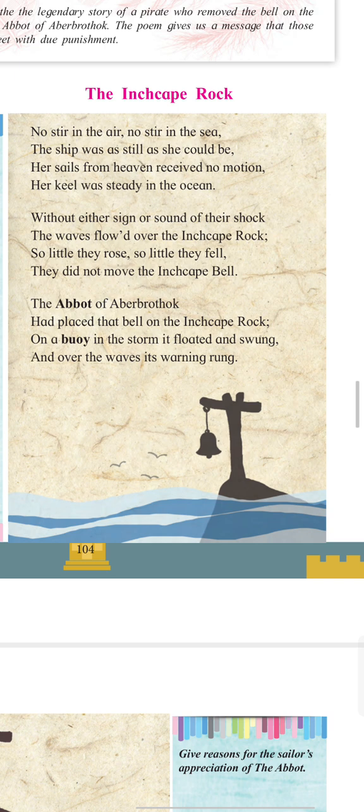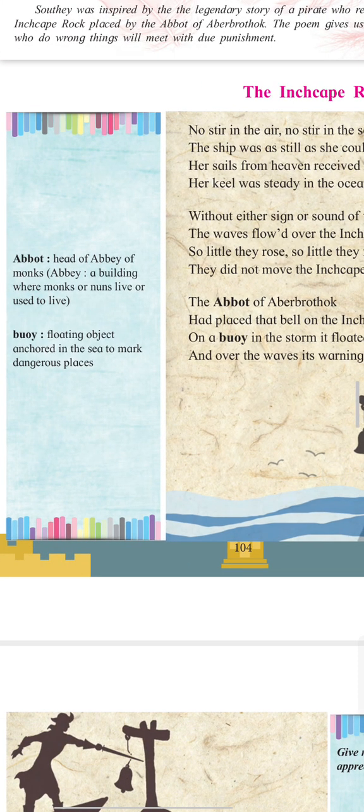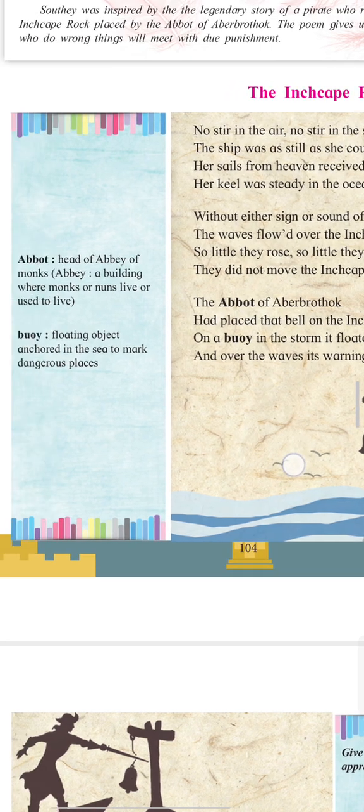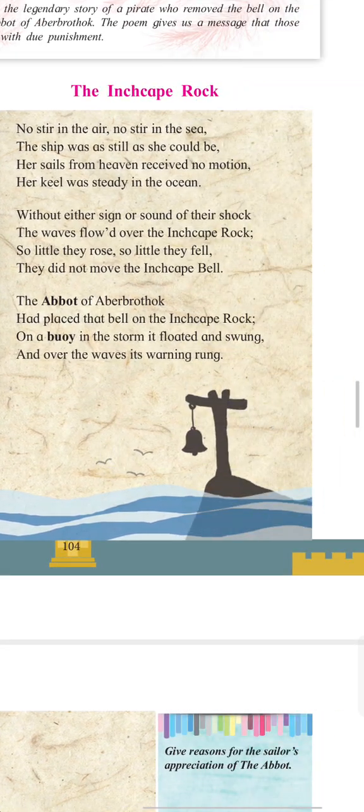"The Abbot of Aberbrothok." Abbot means the head of the abbey monks. An abbey is a place where people work in a church, a monk. So the Abbot of Aberbrothok had placed that bell on the Inchcape Rock. "On a buoy in the storm it floated and swung, and over the waves its warning rung."